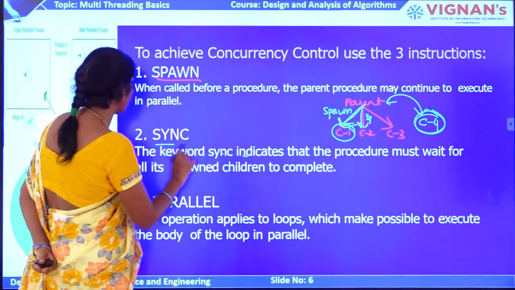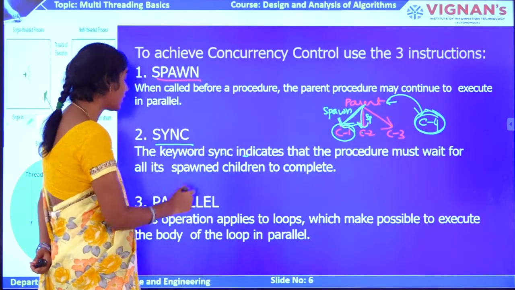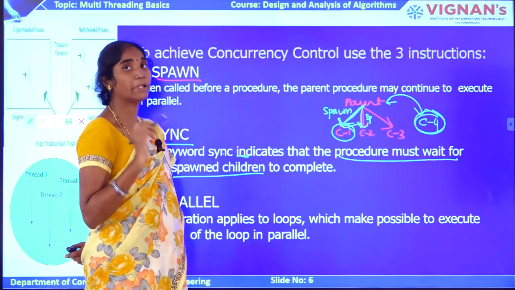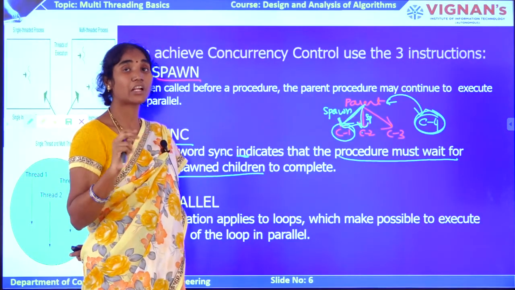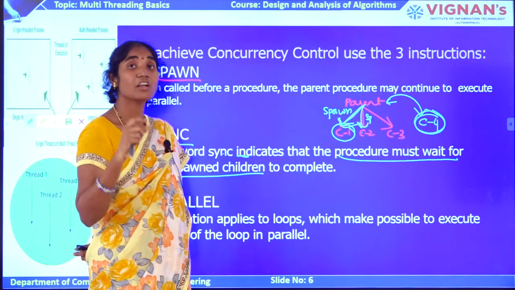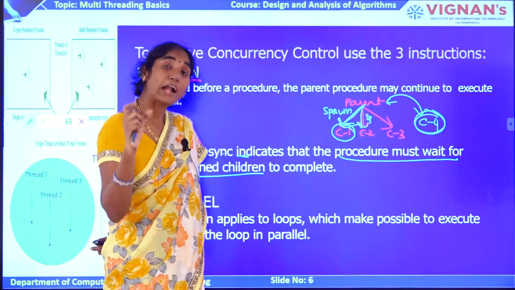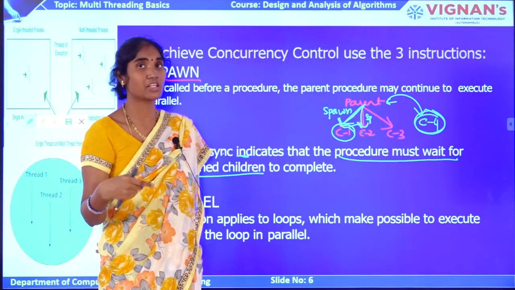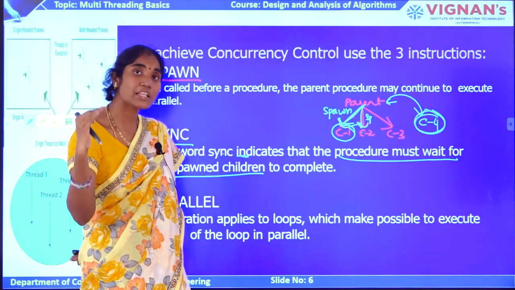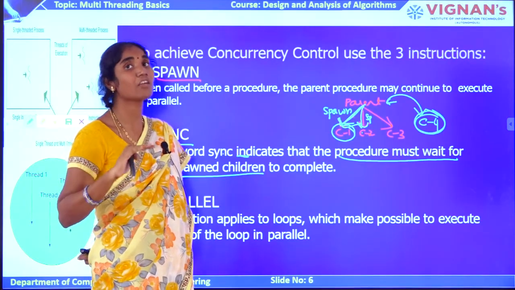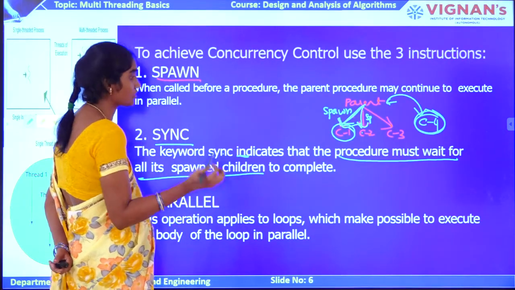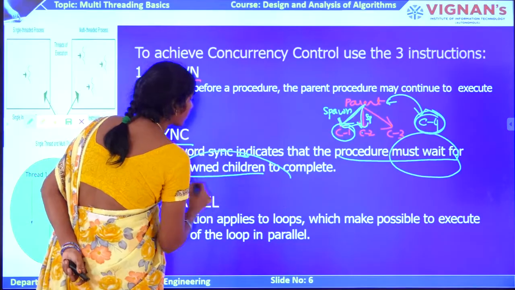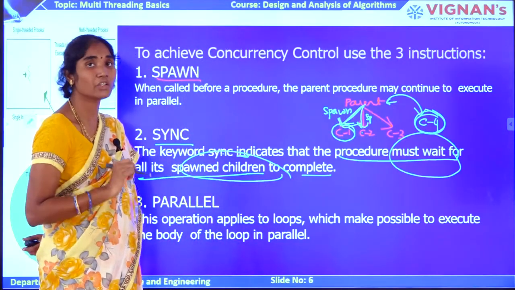Now corresponding to sync. Sync means the keyword sync indicates that the procedure must wait for all its spawn children to complete. Whenever we are making a process under sync, it has to wait until all the spawn children finish their execution. Until they finish their execution, only then does this corresponding sync operation start. So sync is nothing but synchronization. So the procedure must wait for all its spawn children to complete.